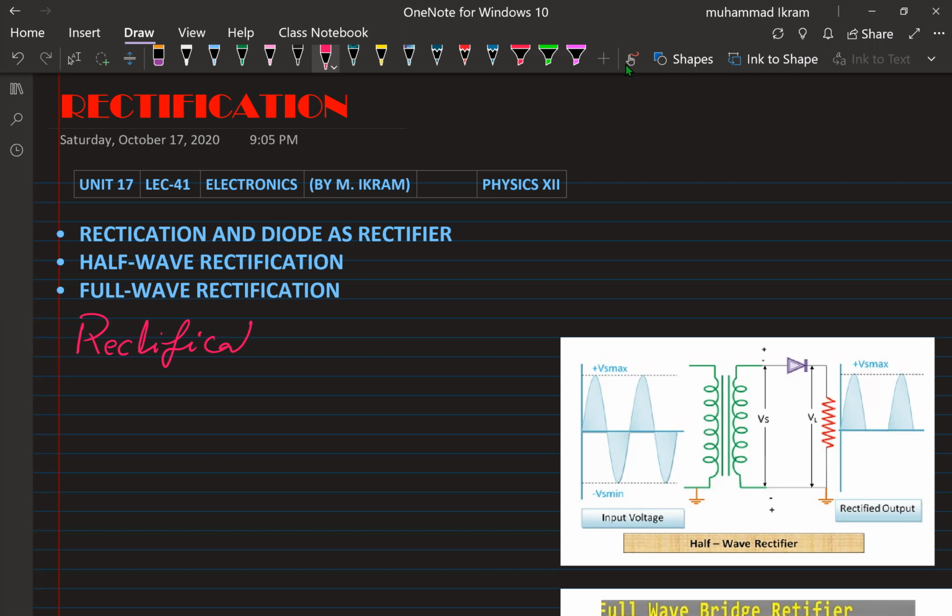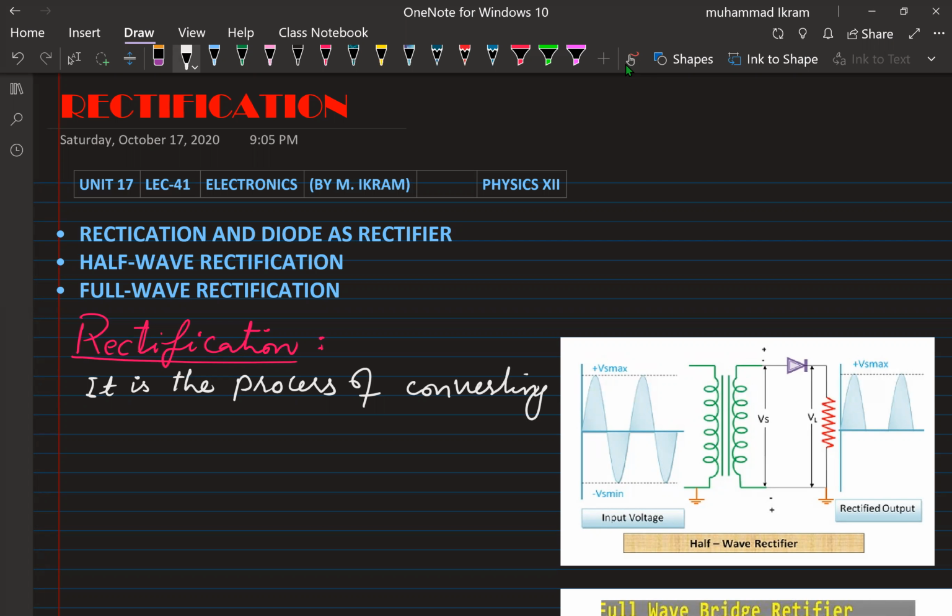Rectification is the process of converting alternating current, AC, into DC.